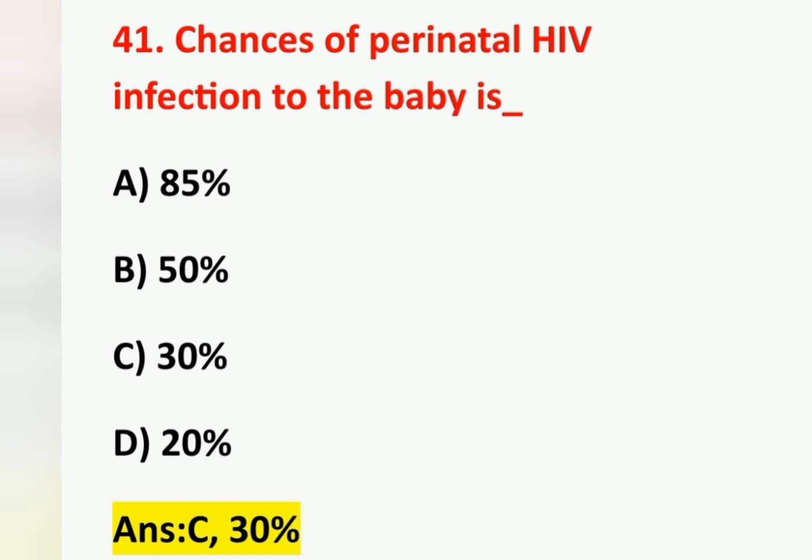In case of an infected needle, while giving injections or pricking needles, there is a chance of 25 to 30%. During blood transfusion, the chance is 95 to 100%. Here from mother to baby is 30%.